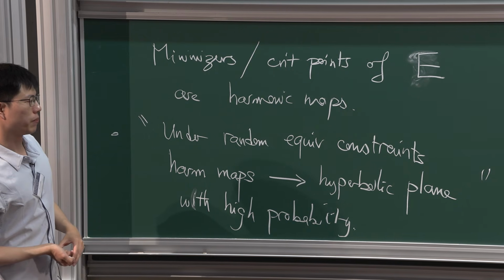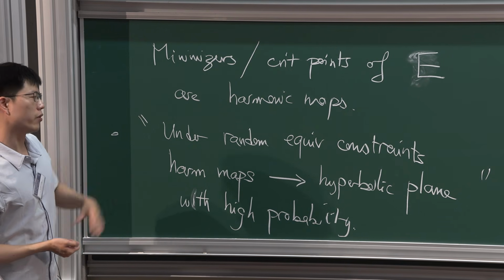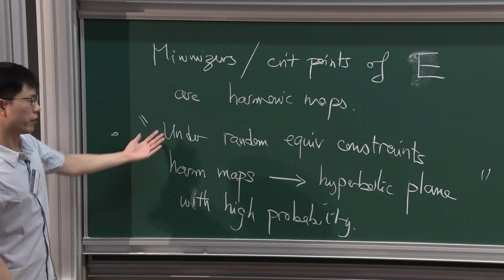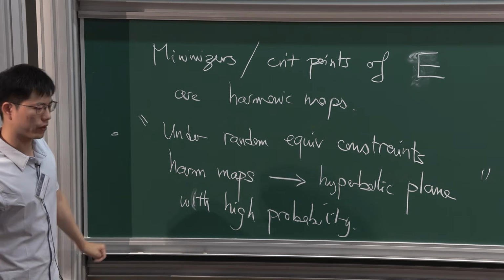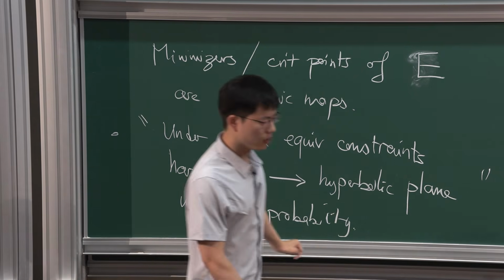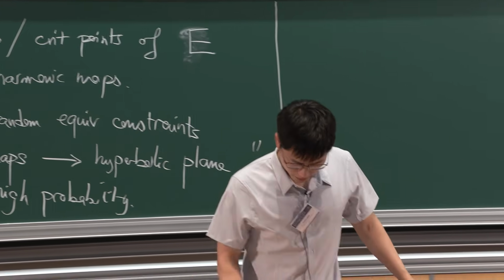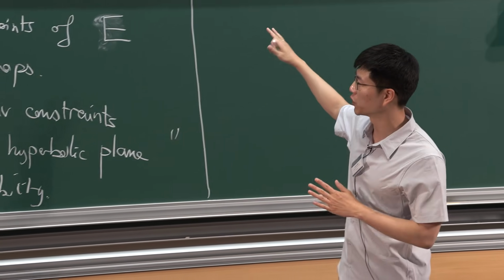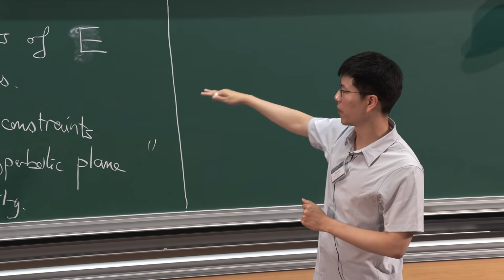So I'm going to mention all of this, and it's only towards the end of the lectures that I'm going to really give some ideas behind the proof of the statement. So this is an introduction inside my introduction, so I'm going to get into more details about this statement.